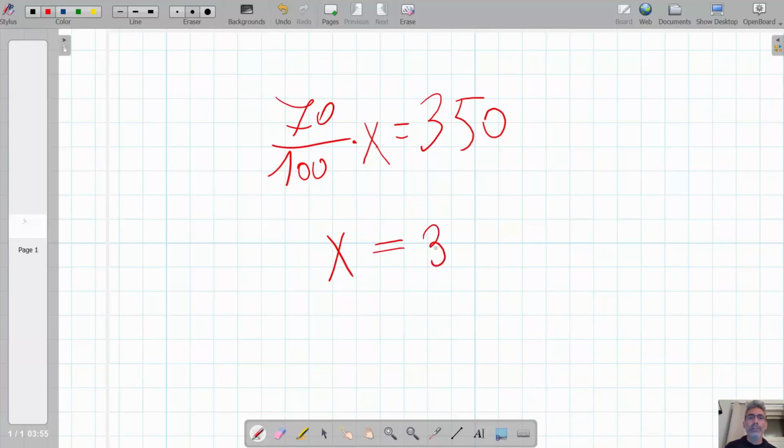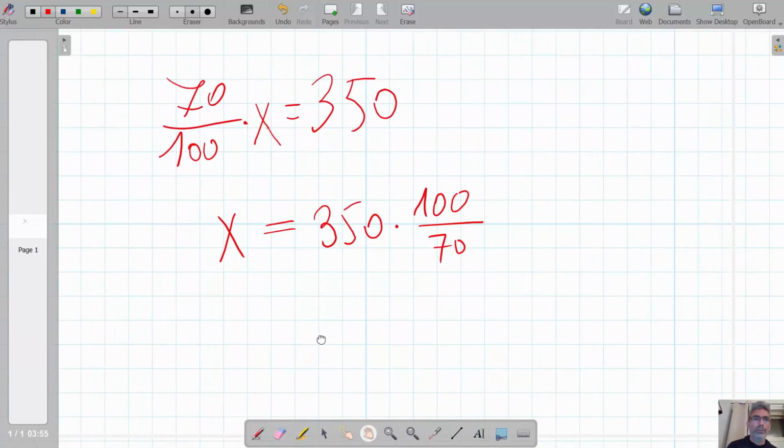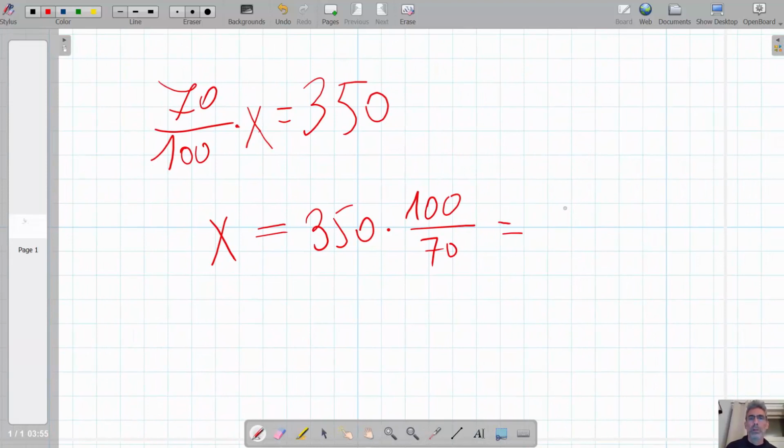So 350 divided by 70 hundredths, we need to multiply by 100 over 70, which equals 350 times 100 over 70. Okay, so you can simplify this.